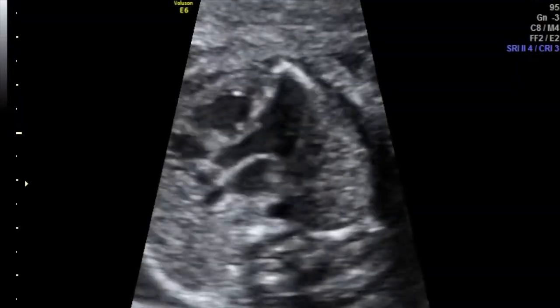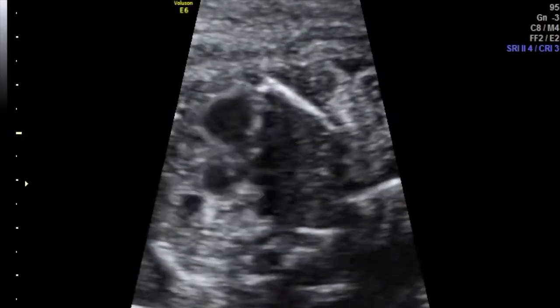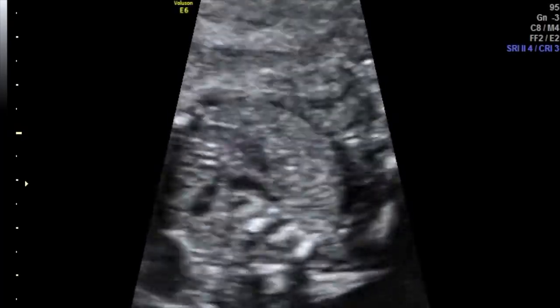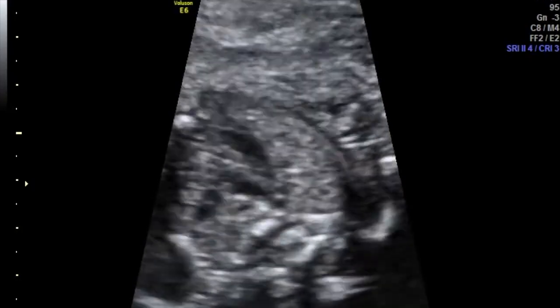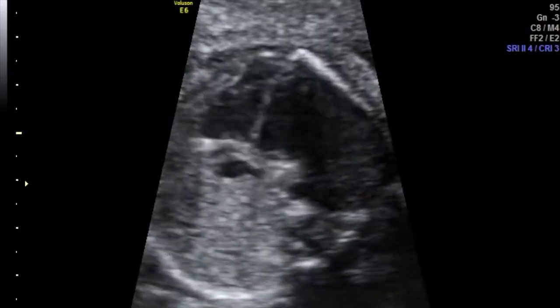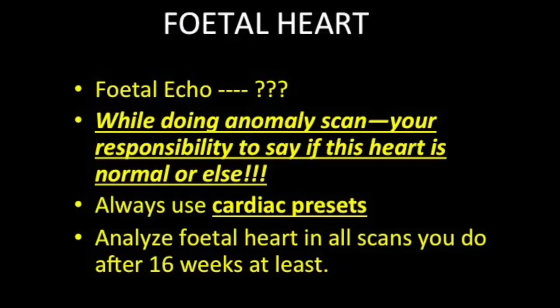You should always analyze the fetal heart in all your scans from 16 weeks onwards till, say, even 40 weeks, whatever you can assess. It may not always be with all the views of the heart, but you should learn to analyze the heart from 16 weeks onwards till 40 weeks.